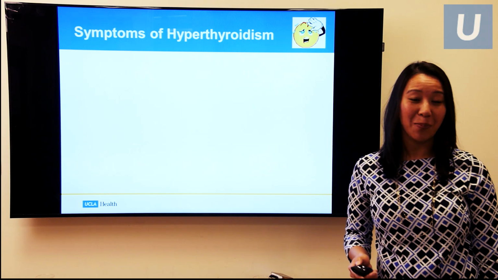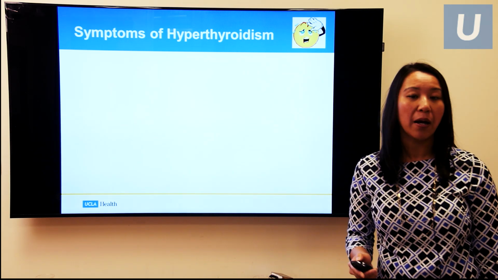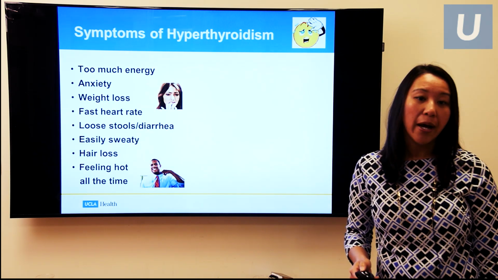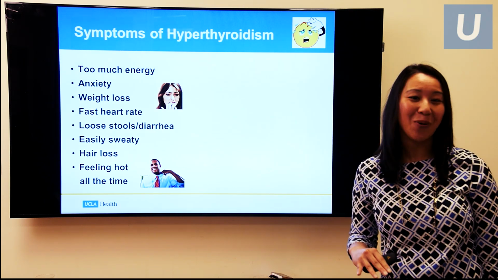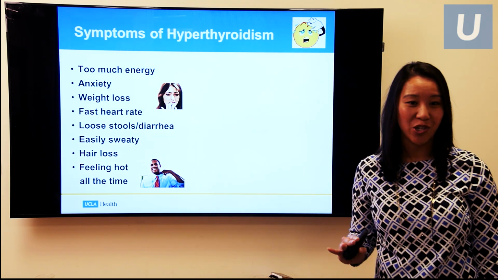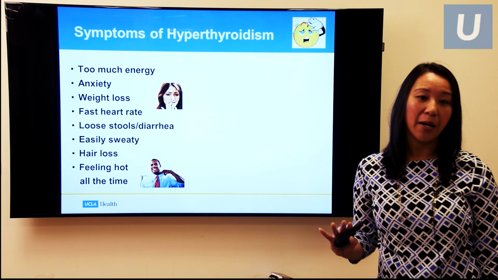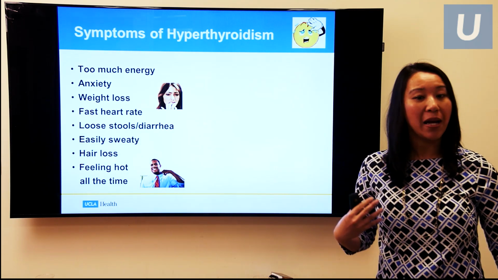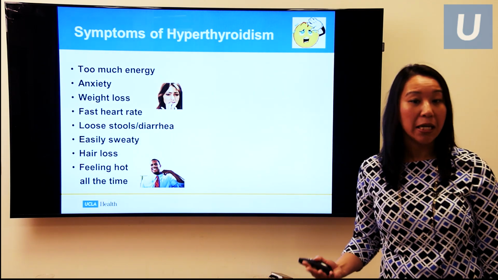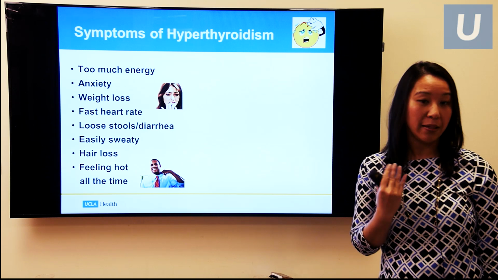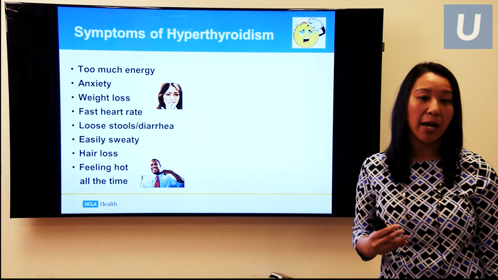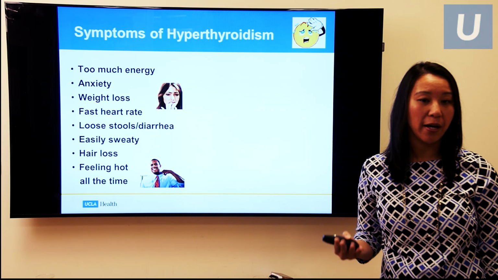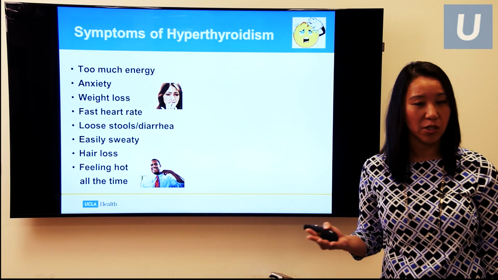Now, what are the symptoms of hyperthyroidism or having too much thyroid hormone? As you can expect, it's the opposite of hypothyroidism. So in contrast, you would have too much energy. The person might feel some anxiety. They might have weight loss that is unintentional. As we spoke of previously, your heart rate can be very, very fast, a racing heart rate is what's described.